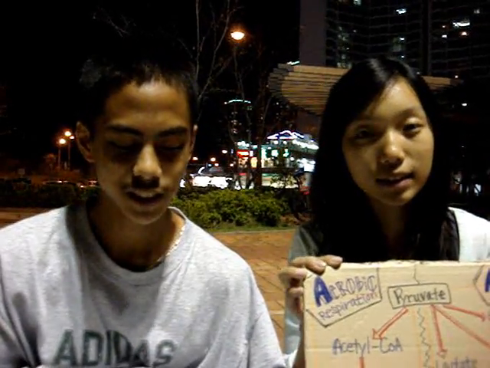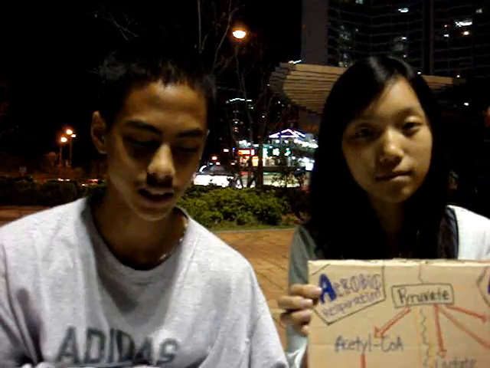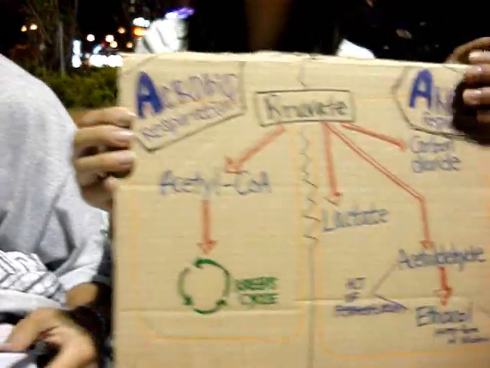From pyruvate, there are 2 possible processes it can go through. The factor that determines which process it undergoes is whether there is oxygen or not. If there is oxygen, it goes through a process called aerobic respiration.